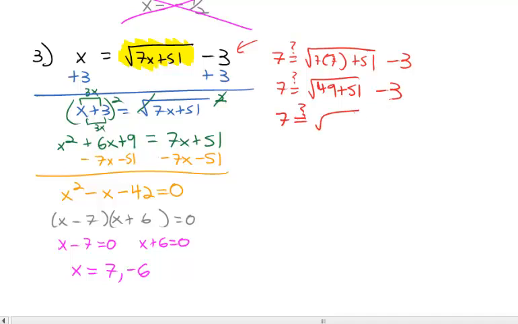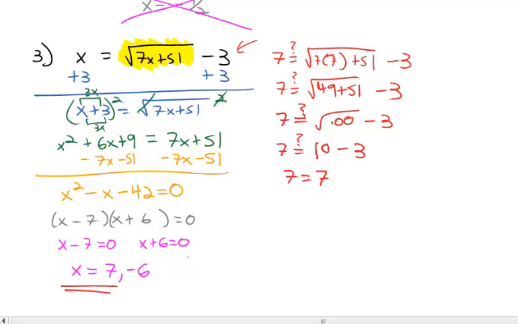Still hoping the square root of 49 plus 51 is 100 minus 3. Still hoping the square root of 100 is 10 minus 3, and sure enough, we get the same thing on both sides. Our answer of 7 is correct.